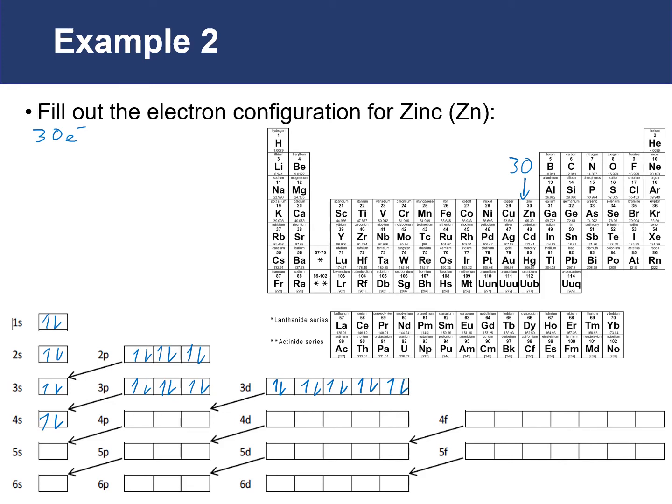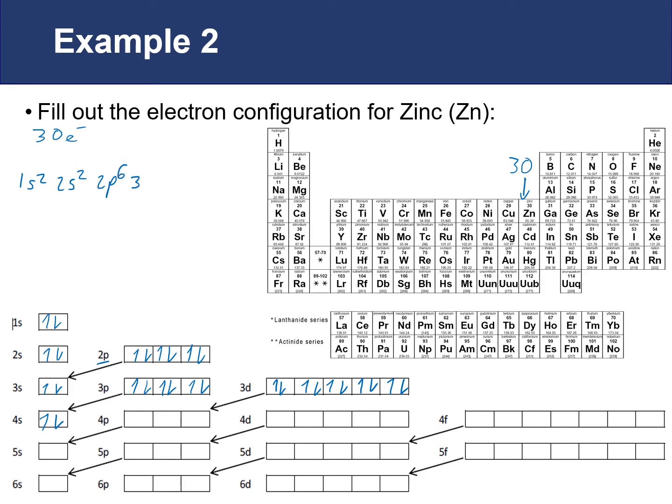So our electron configuration would be writing out each orbital that has an electron and then how many electrons are in that sublevel. So we'd have 1s, it has 2 electrons in it. Our 2s has 2 electrons in it. Our 2p has 2, 4, 6 electrons in it.